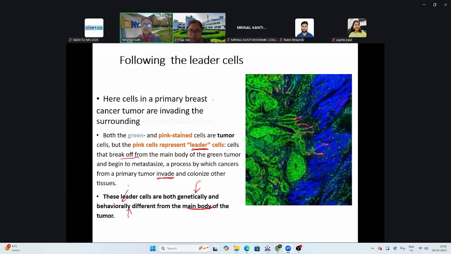So this is an idea thrown out to you, to see if the leader cell has a sufficient morphology difference for machine learning to identify and classify them separately.